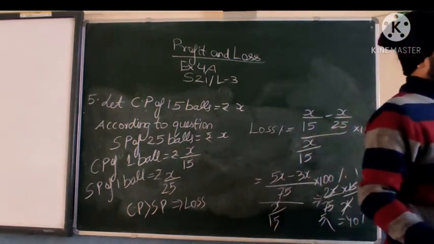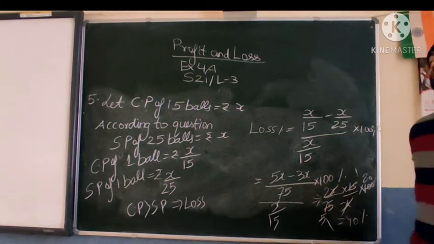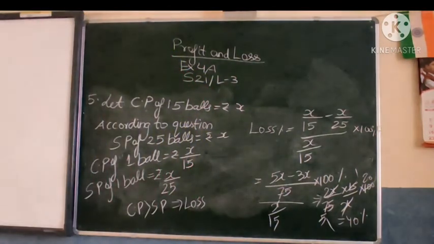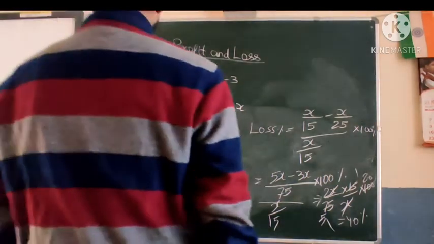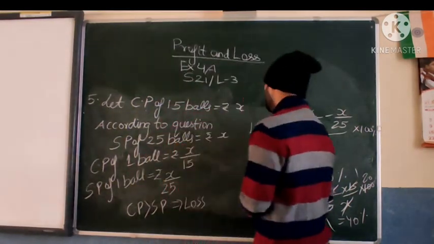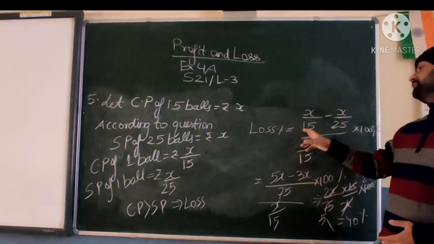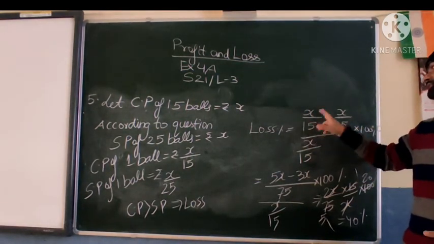See, in this question they have not told whether it is profit or loss. You have to judge yourself whether CP is more or SP is more. Once we have judged that there is a loss, you come to the loss percent, which is CP minus SP, over CP. That is x by 15 minus x by 25.